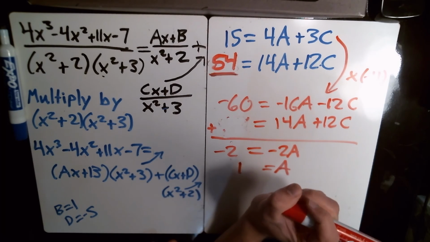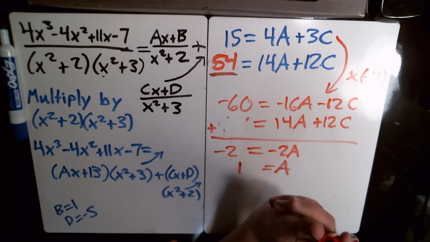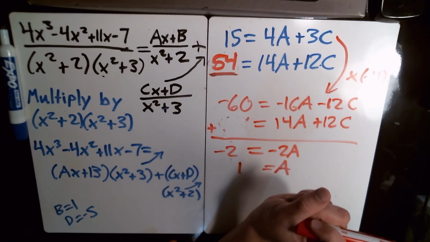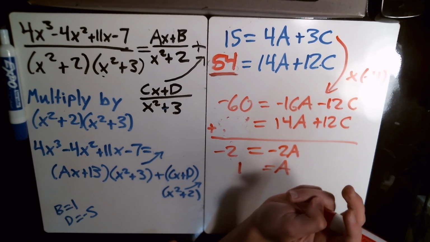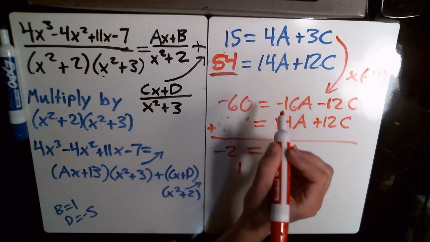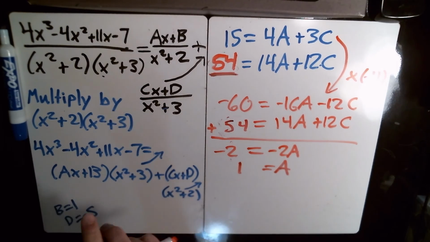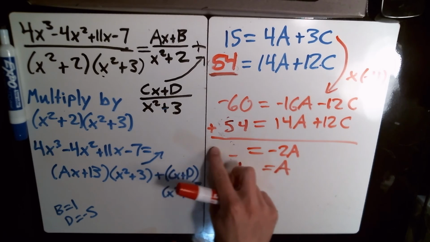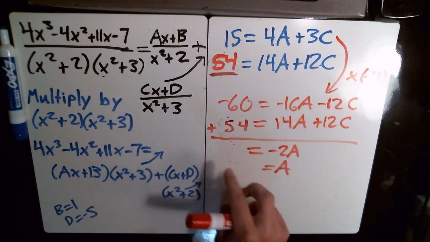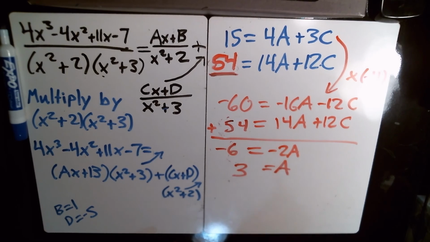And I had missed a -7 in my answer, so my answer should have been 7 less than what it was. So 61 minus 7 is 54. Okay, so this should be 54 here, which gives us this here. When we add those two together, it will be -6. So A is 3. Okay, sorry about that.